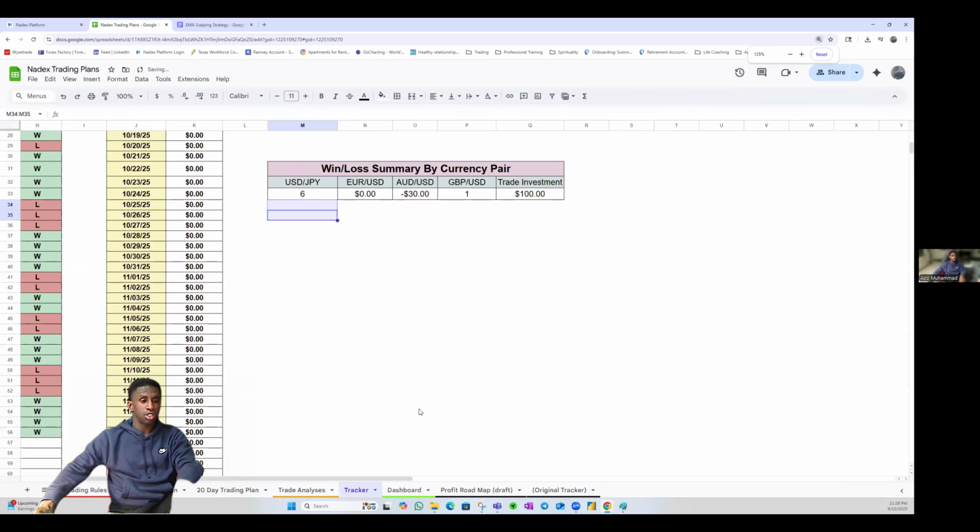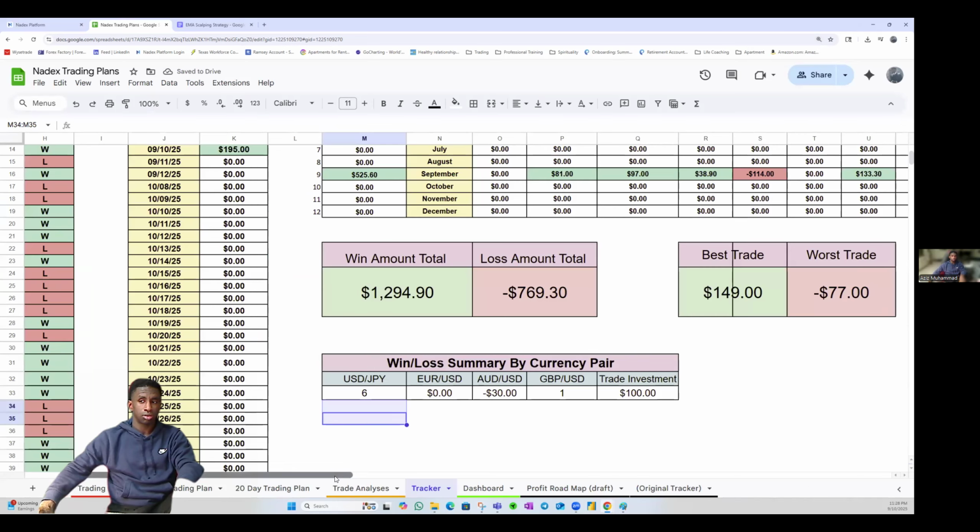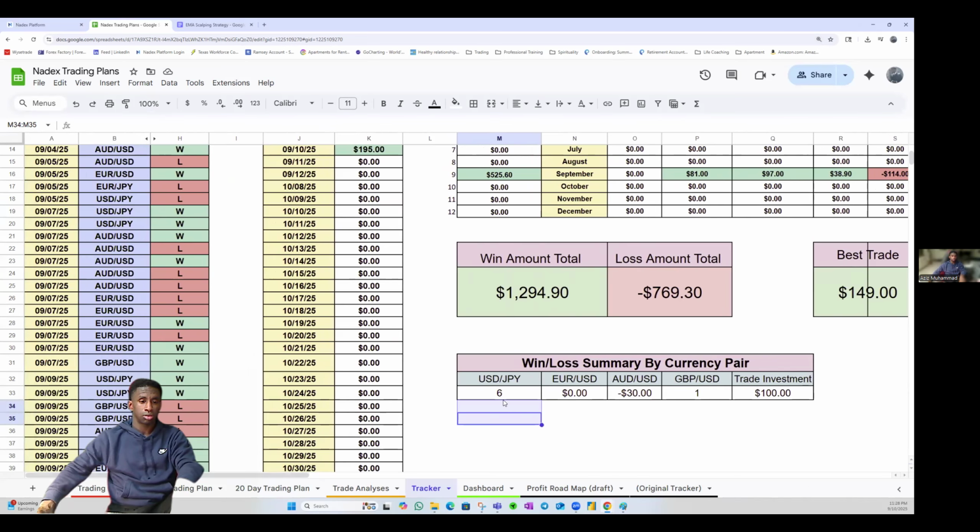So it says I won 6. I won 6, so we could check. We can even count that.